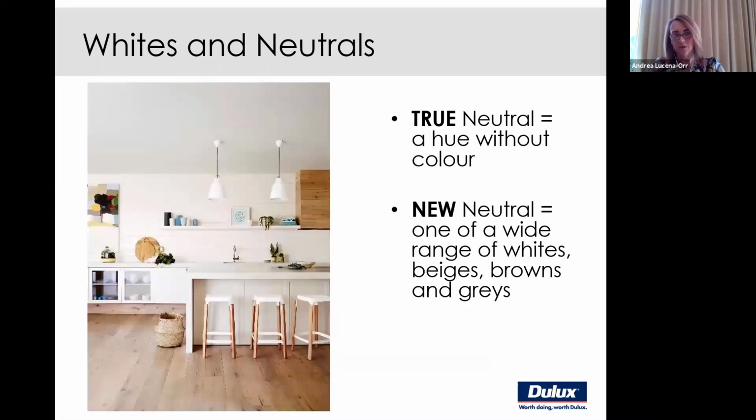But where I really want to concentrate today is our neutrals and whites, because I know this is an area that we work in a lot, and it's probably the most complex area when you're talking about undertones. Where paint plays a lot in this space is this new neutral area, which is a range of whites, beiges, browns, greys, all of those sorts of colours that are made up of quite a number of tints.